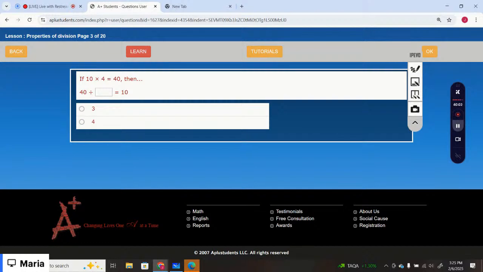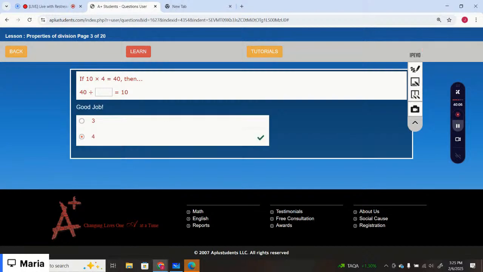That is 40 divided by 4 is 10. Option number 2 is the correct option.